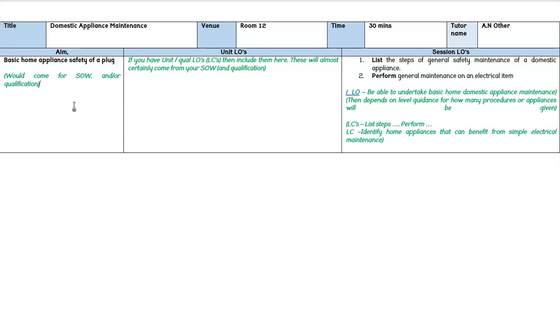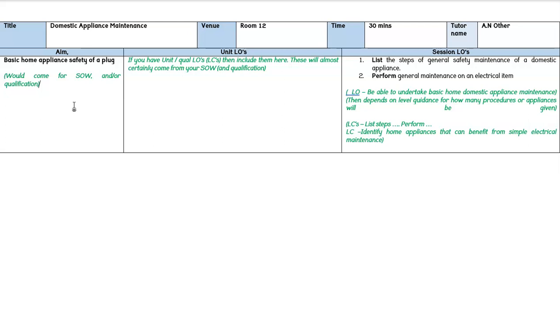Technically they're all the same thing. So if you have a unit or qualification, then include the learning outcomes or learning criteria here, as they will almost certainly come from an SOW. If you've got a scheme of work, they really should be there, and you note them here. And those will then derive where your session LOs are coming from.